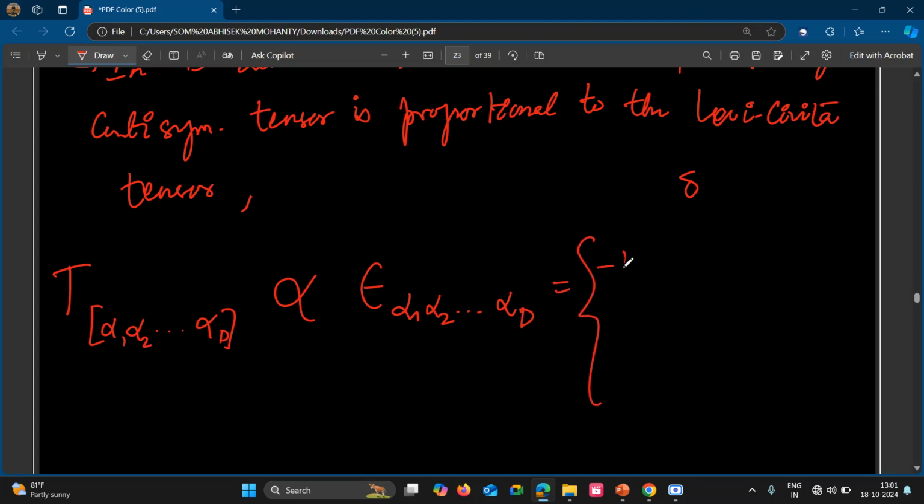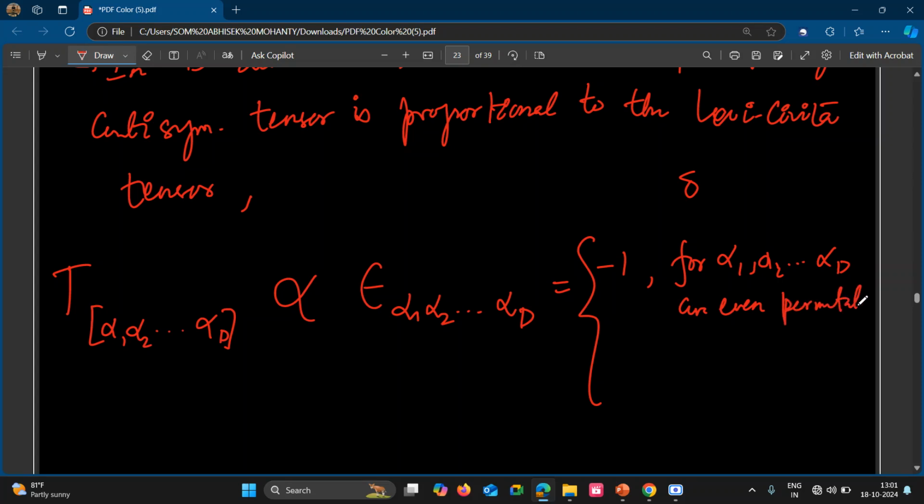which is equal to minus 1 for what? Even permutations of alpha 1, alpha 2, dot dot dot, alpha D. Don't worry, you will understand.